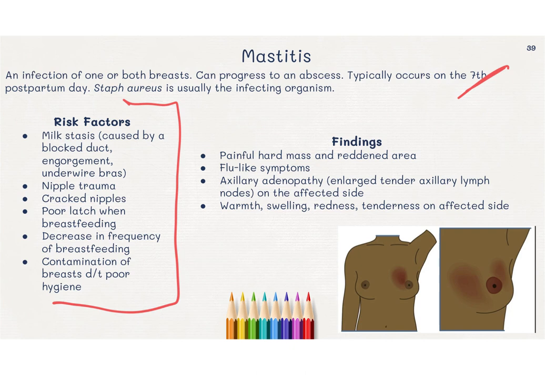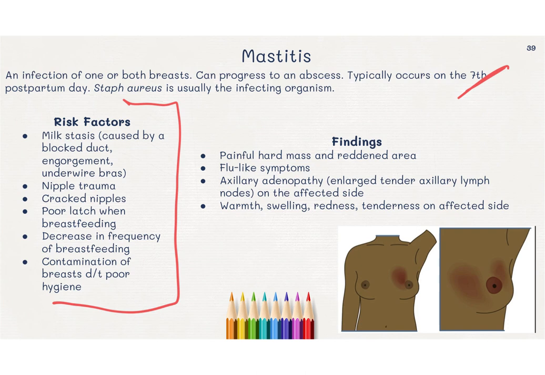Nipple trauma because of a poor latch when breastfeeding, typically. We talked about that earlier in this lecture here together. Decrease in frequency of breastfeeding, because that can lead to engorgement, and engorgement can lead to mastitis, okay? So those people are at risk.